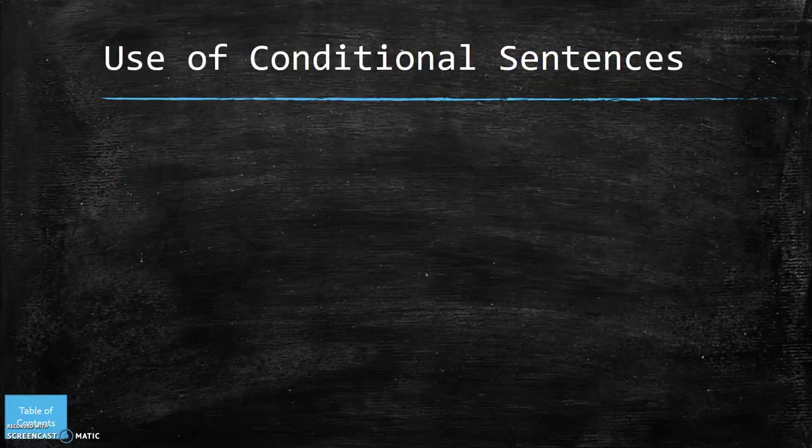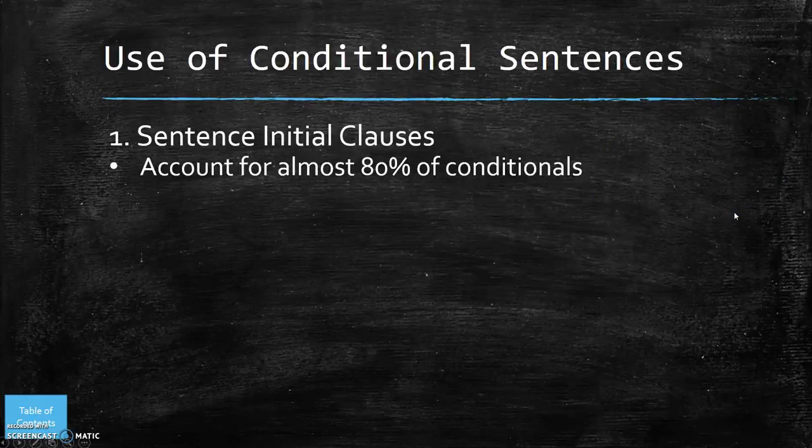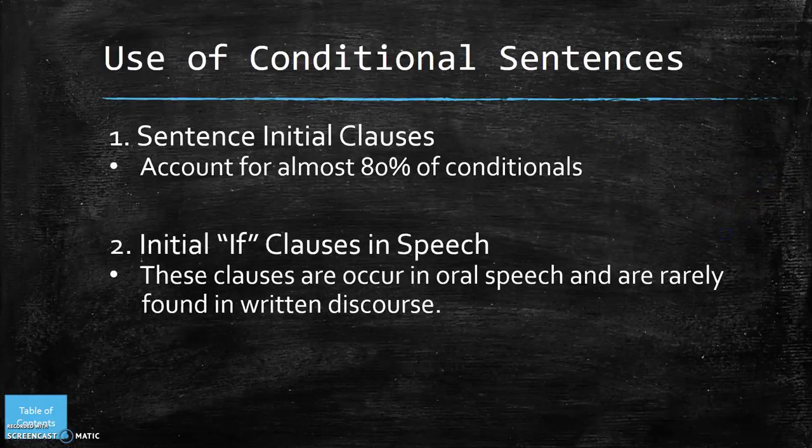Okay, so we've gone through, we started with the form of conditional sentences, moved on to the meaning, and now we're going to talk about the use of conditional sentences. How can you actually use these sentences in writing and in spoken word? Okay, so there's three different main uses of conditional sentences.